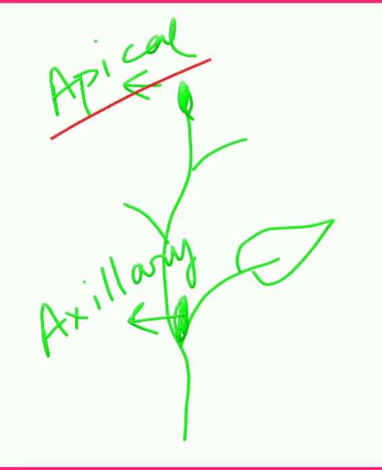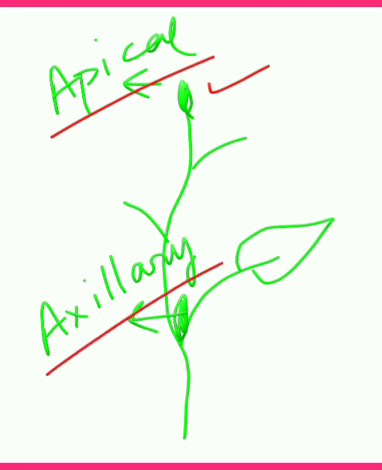See, in a plant we mainly know that the buds may either be terminal, also called apical, or axillary. So the apical or terminal bud is present at the tip of the stem and helps the plant to grow upward.